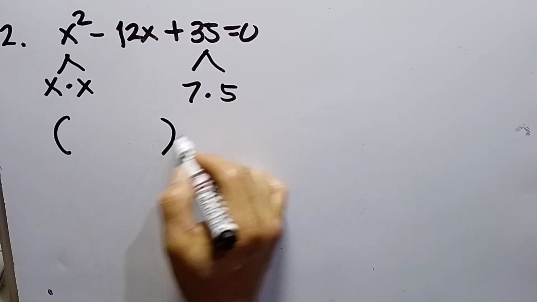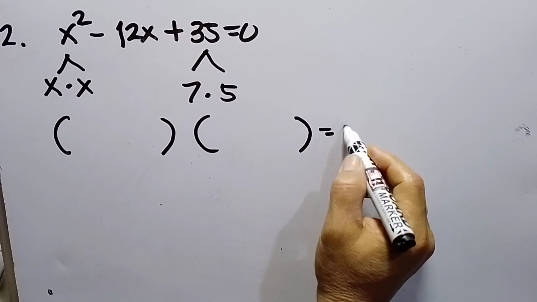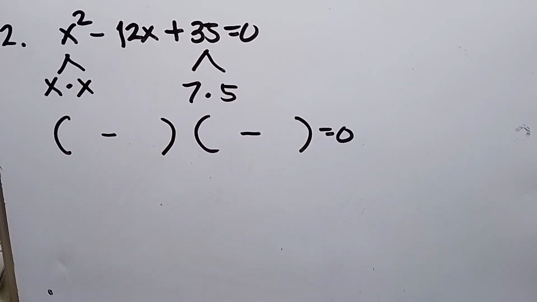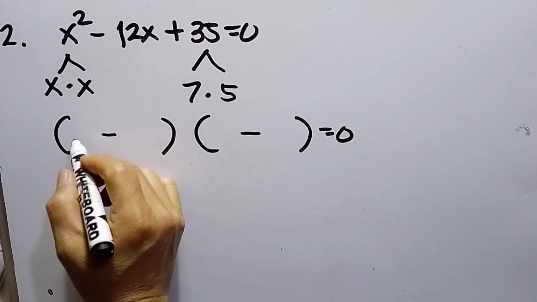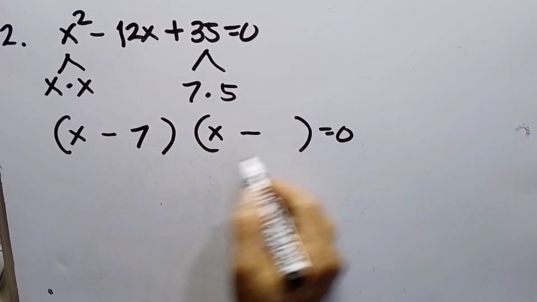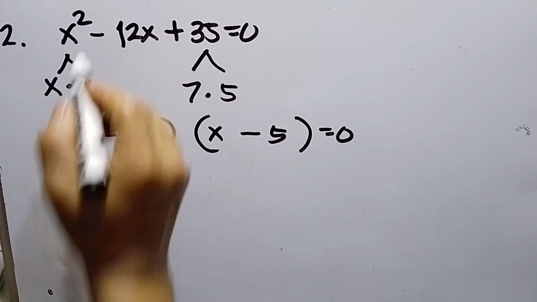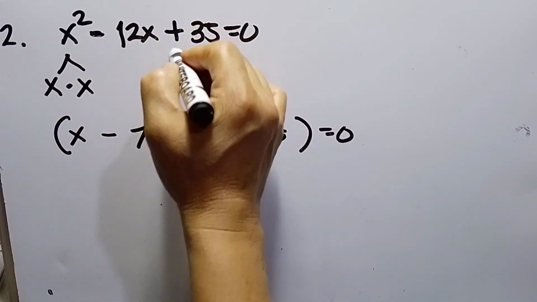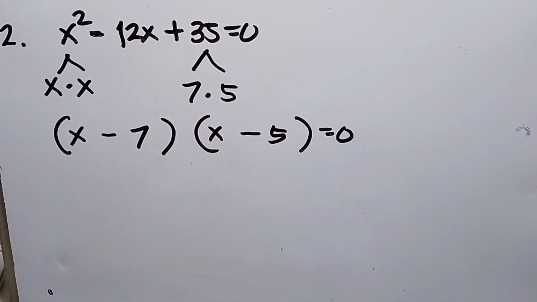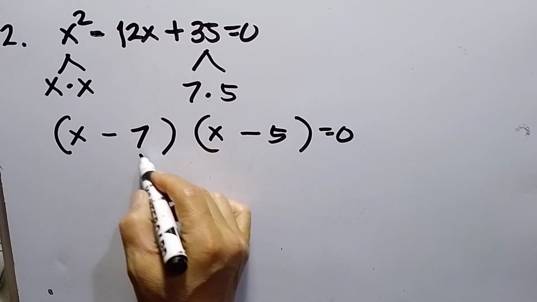So my factors, I have 2 negative or a subtraction. So this will be x, and then this will be x, 7, then 5. So if the middle term is negative and then the last term is positive, the factors are all negative. So how to check this one?